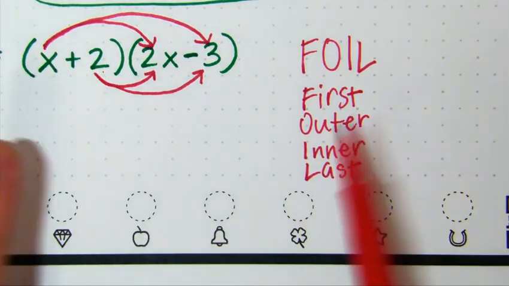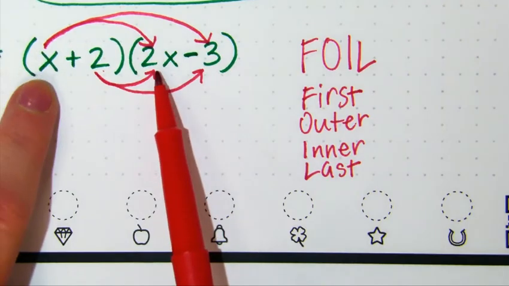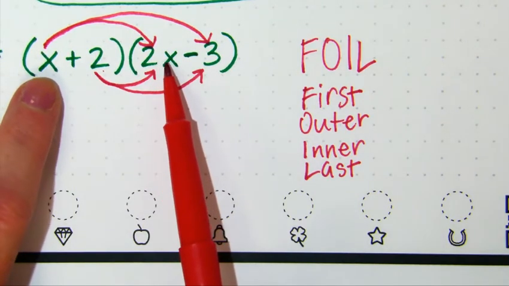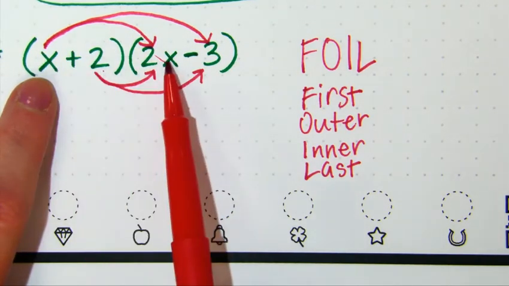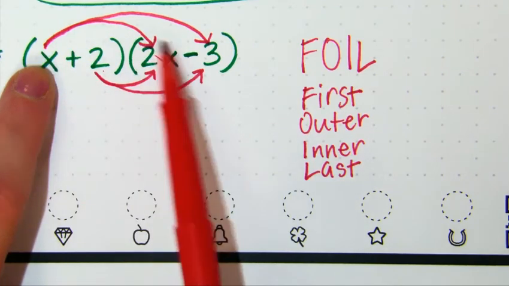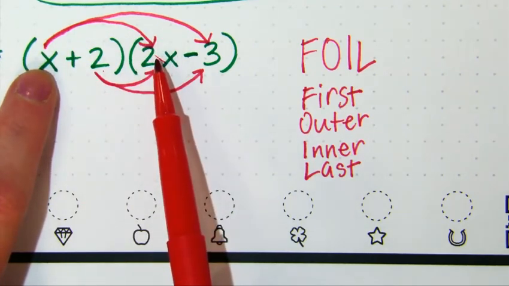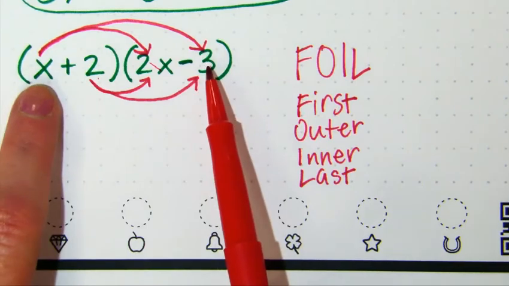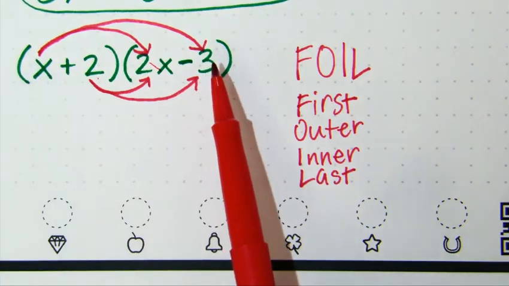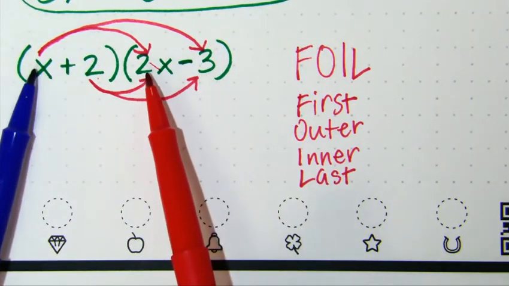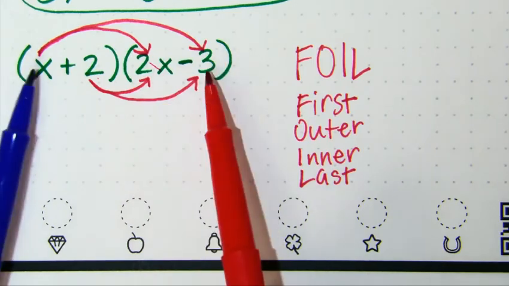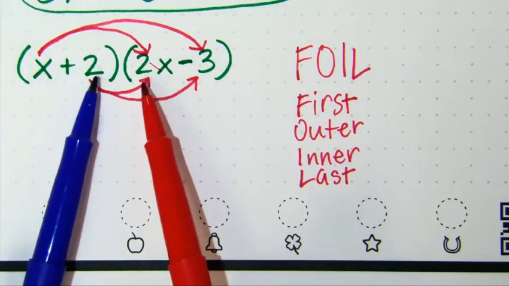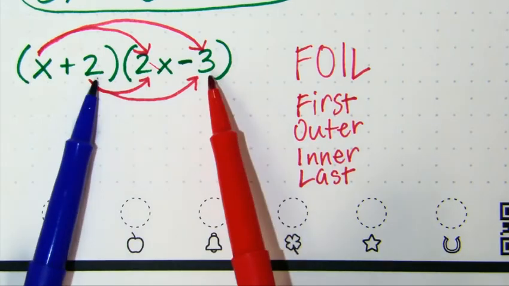So first, I'm multiplying the first terms together. X times 2x. It's like our first arrow here. So first terms get multiplied. Then the outer terms get multiplied. So first terms, outer terms, inner terms, last terms.